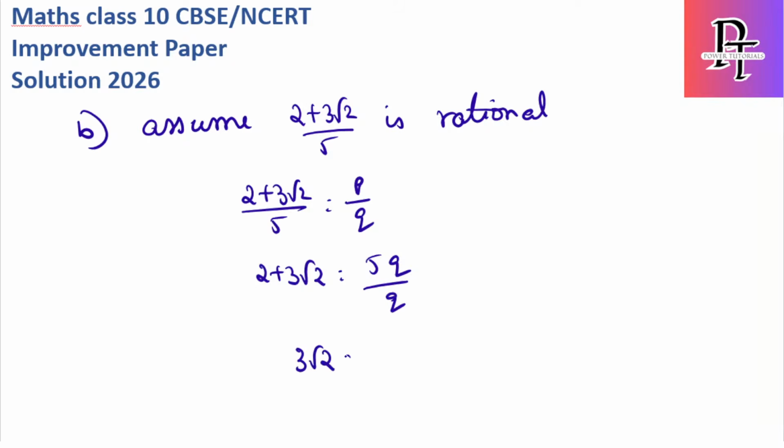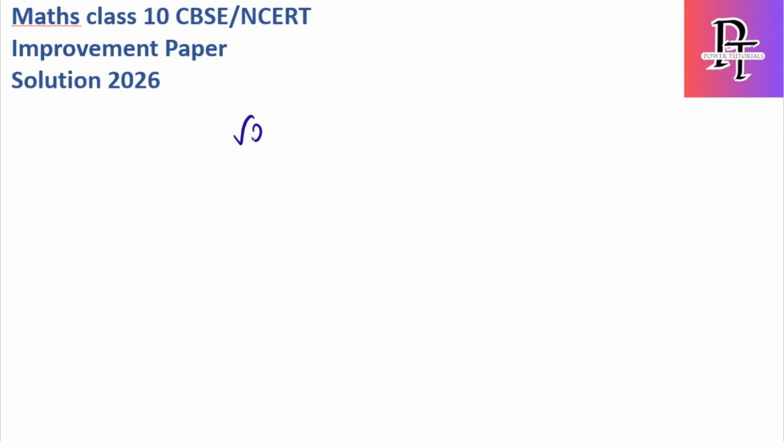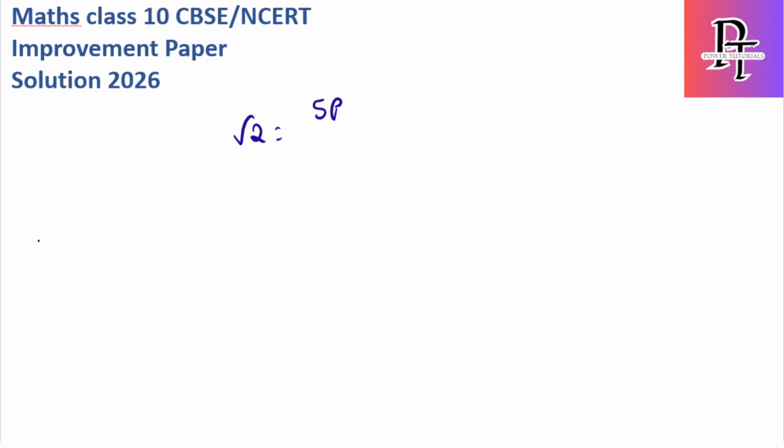Now 3 root 2 I can write as 5p by q minus 2, so root 2 becomes (5p minus 2q) by 3q.